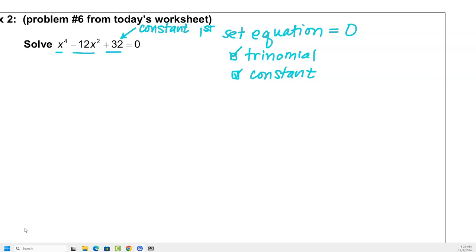Check. It does. Okay. And then, is the first exponent double the second?